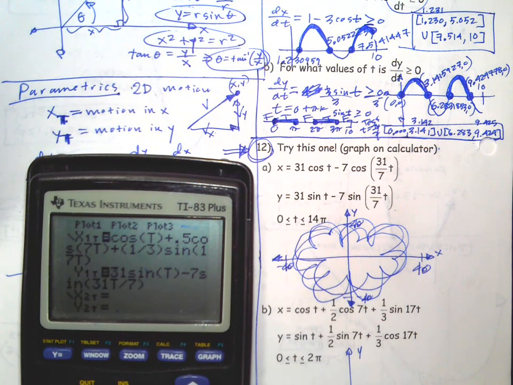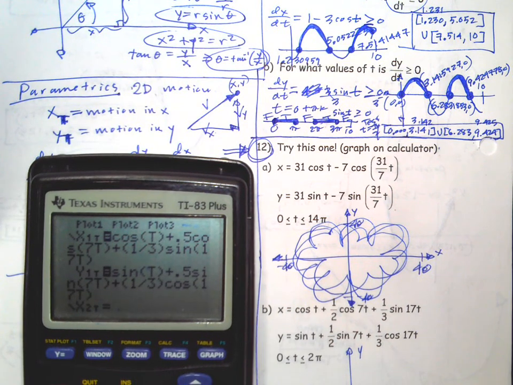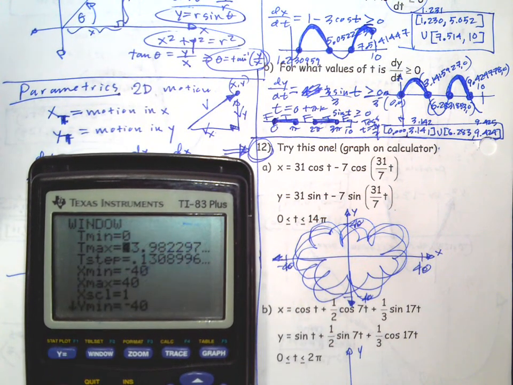This one is sine t plus 0.5 sine 7t close plus 1/3 cosine of 17t. Window is 0 to 2 pi.